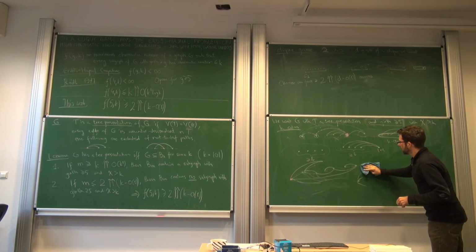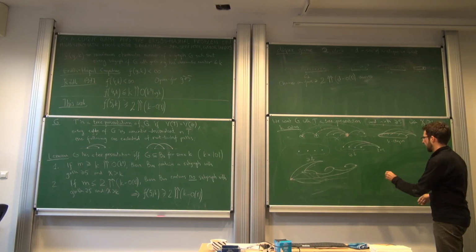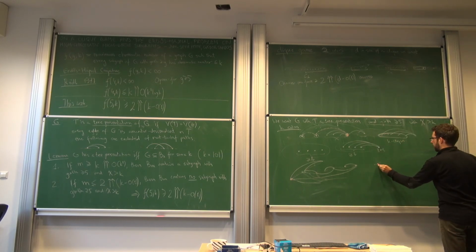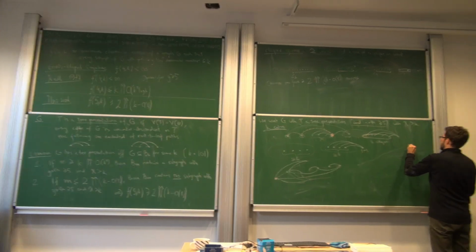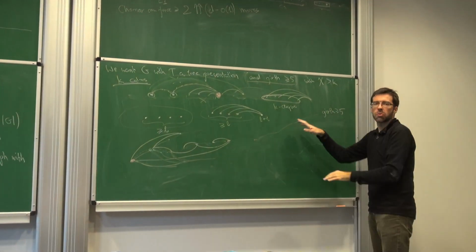So basically, suppose that we have some graph with a tree presentation, and which has girth at least 5, so no 4 cycles. And there is this white graph somewhere here.